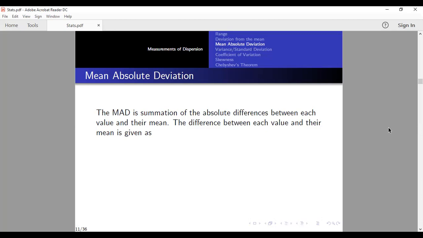Now, the mean absolute deviation is a summation of the absolute differences between each value and their mean. Absolute difference means you first subtract: the value minus the mean, and then you find the absolute value. I'll explain later what the absolute value means.